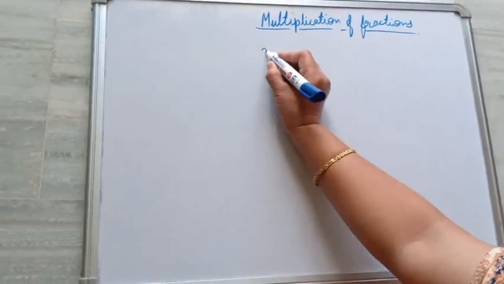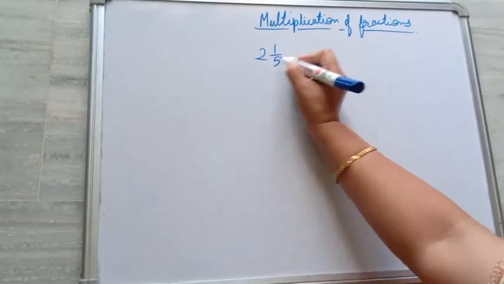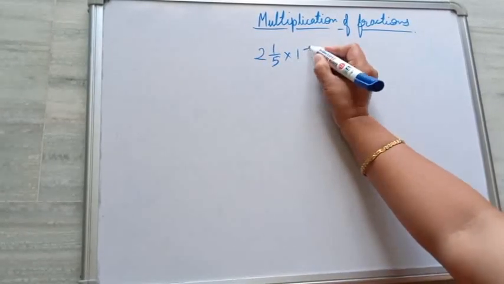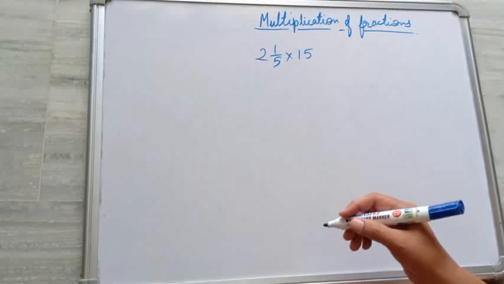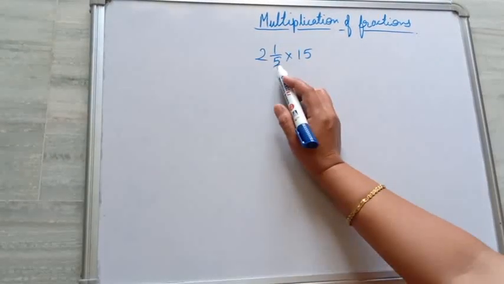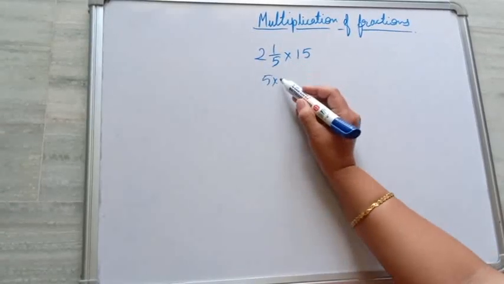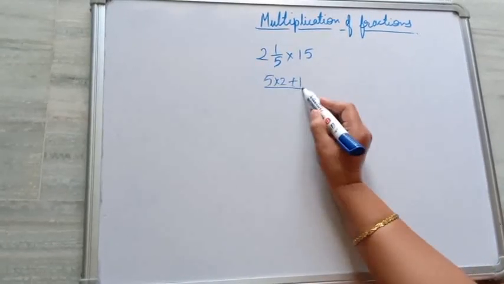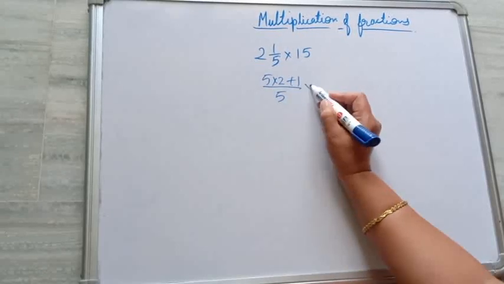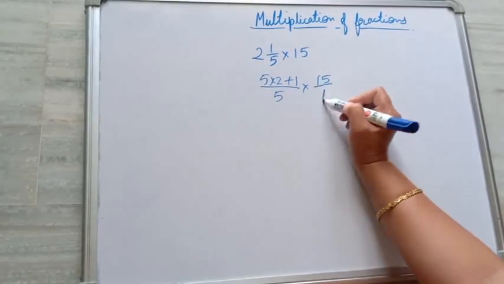Another example, 2 1/5 multiplied by 15. Again convert it into an improper fraction by multiplying 5 into 2 plus 1 upon 5, multiplied by 15. You can write 15 upon 1.